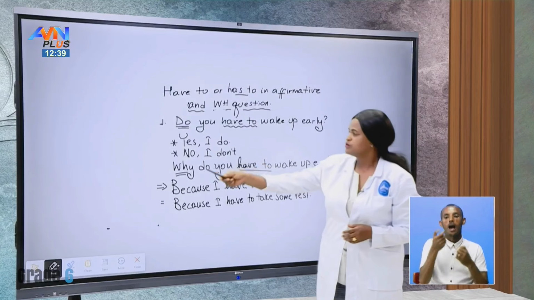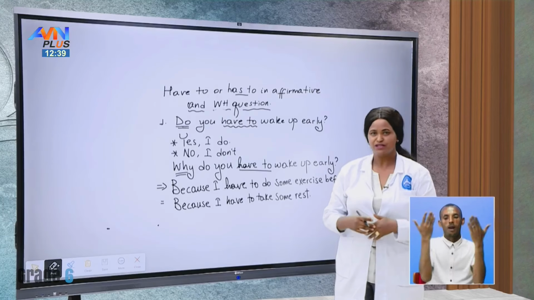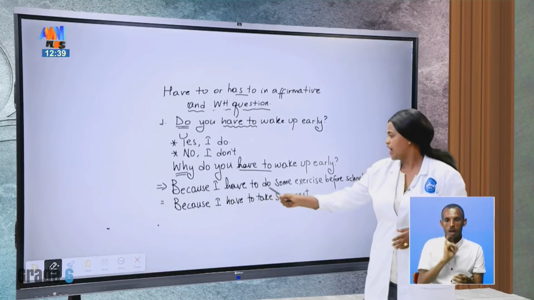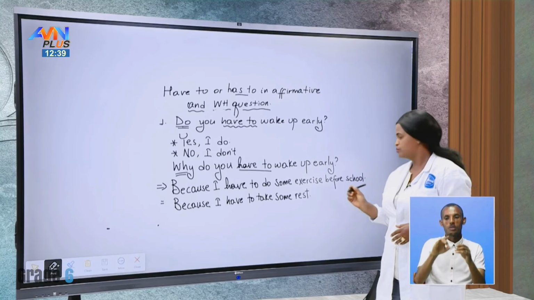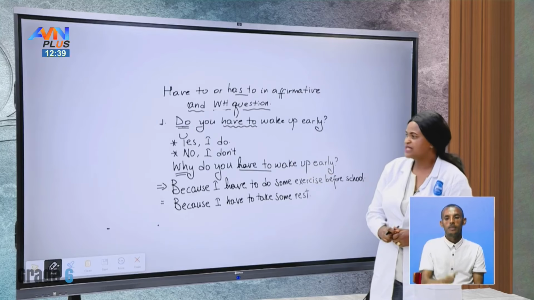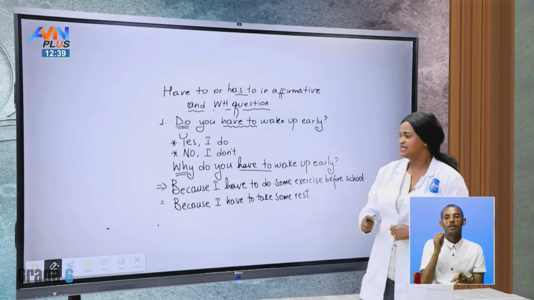So why do you have to wake up early? Then the person tells his or her reason by saying what? Because I have to do some exercise before school. Yeah? The person who says, no, I don't, if you ask him why not, he says what?